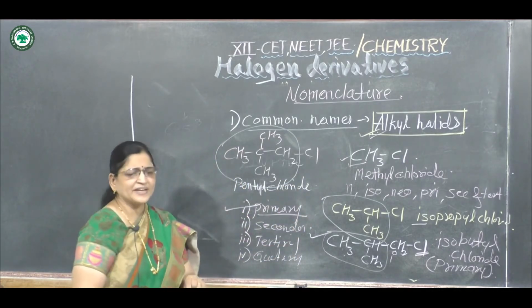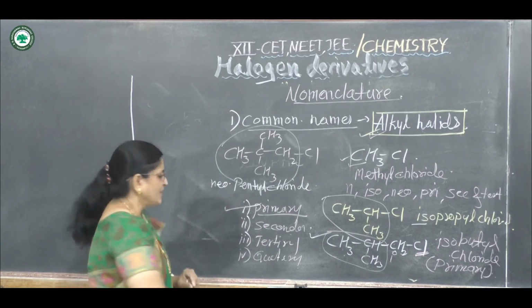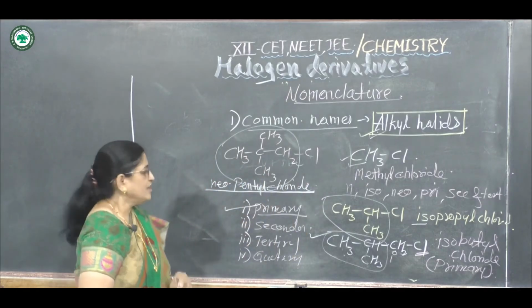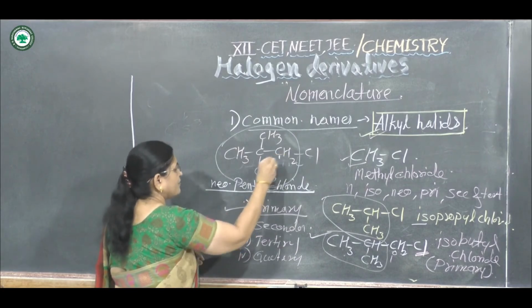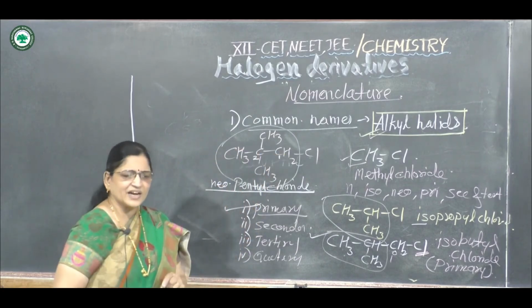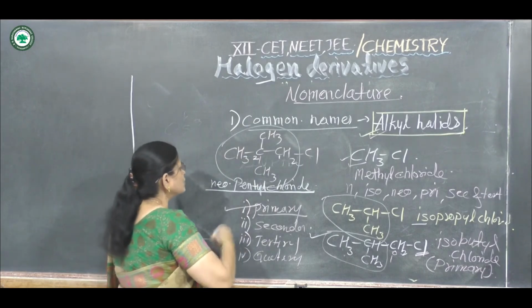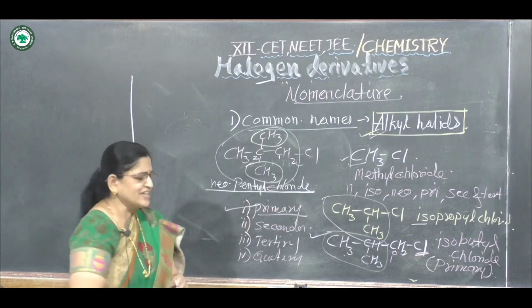But not only pentyl chloride, the common name of this compound is neopentyl chloride. Neopentyl means, suppose this is carbon number second, this is carbon number first, this is carbon number second. On this second carbon atom, there are 2 CH3 groups, 2 methyl groups attached here.